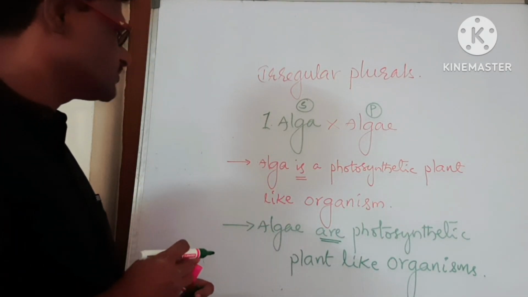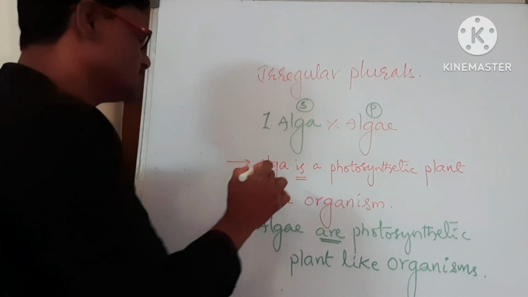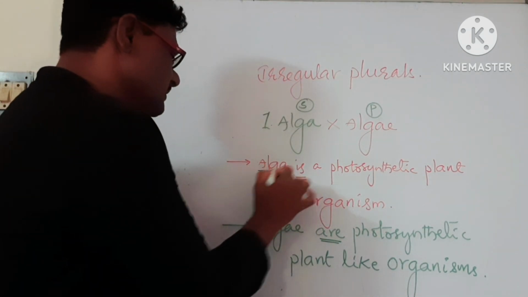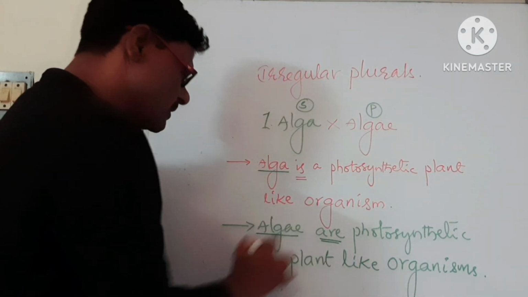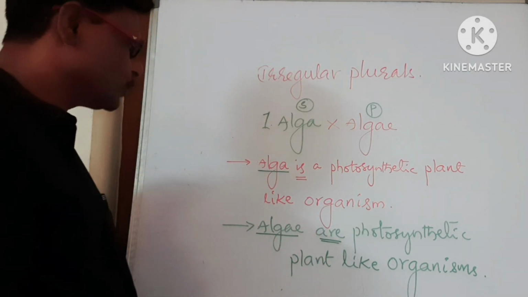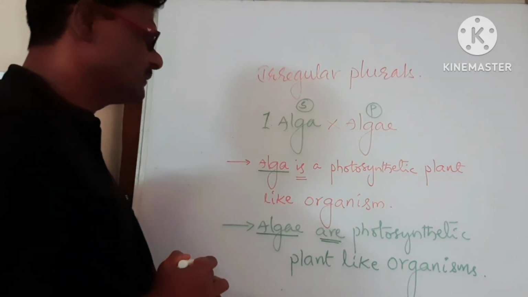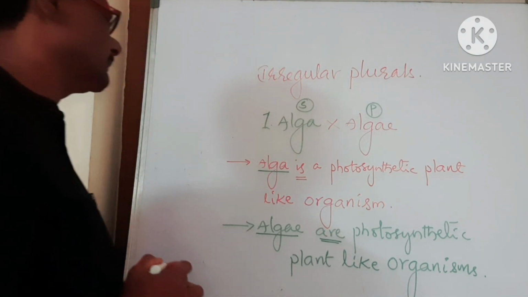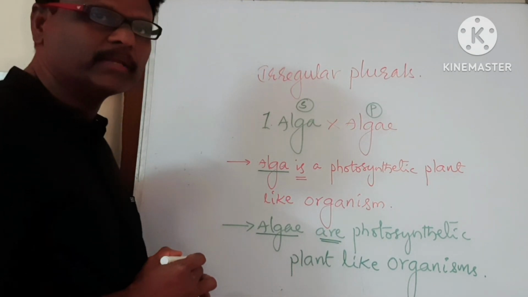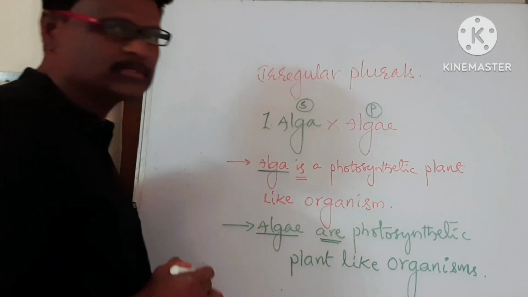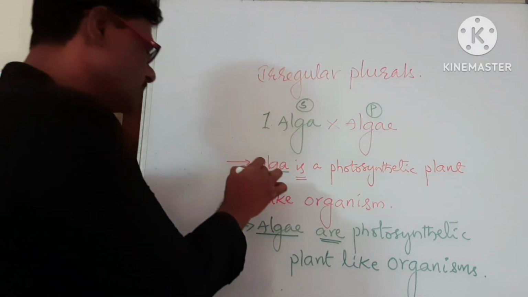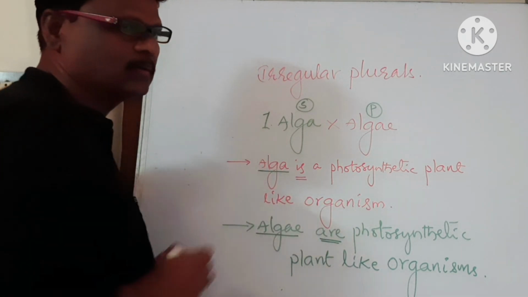So in life sciences, we want to observe singular and also plural, and according to them use a perfect helping verb. Sometimes students fail in giving a perfect helping verb after singular and plural.